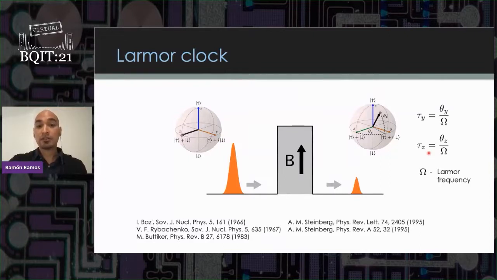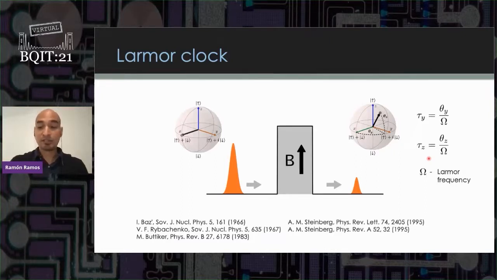Using these angles, we can obtain characteristic times by dividing them by the Larmor frequency, which is related to the strength of the magnetic field. Tau y tells us about the tunneling time, while tau z tells us about the disturbance we're casting on the system due to the measurement.